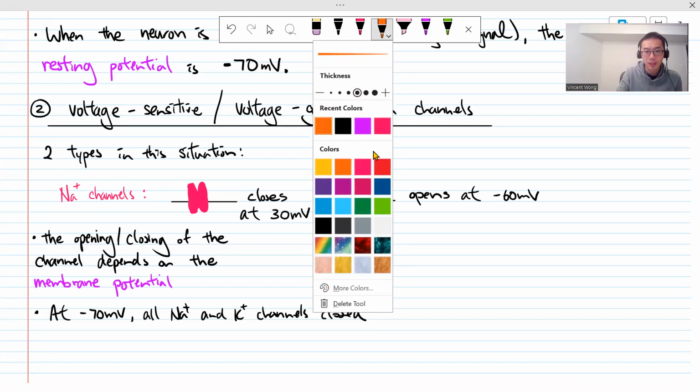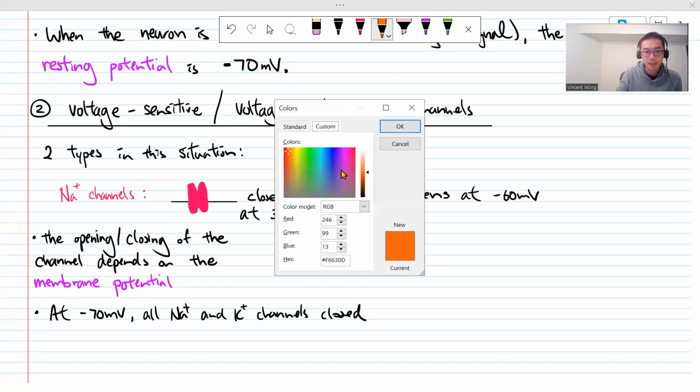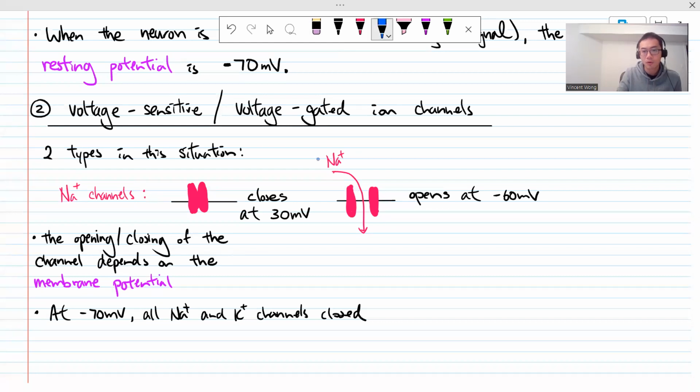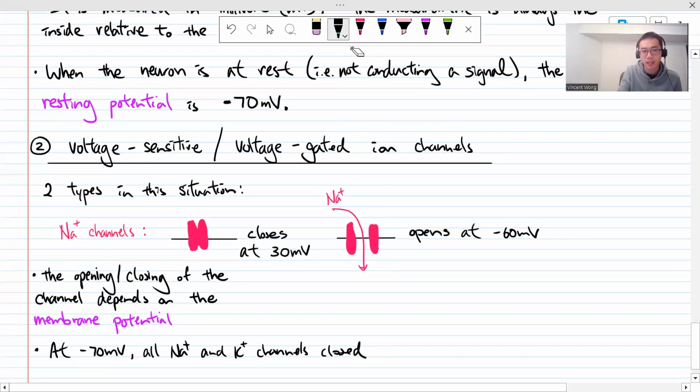I lost my blue color. Where is it? Professor, what do you mean by the minus and plus here? Right now when the neuron is not doing anything, it's at minus 70. If the membrane becomes minus 60, then the sodium channels will open.